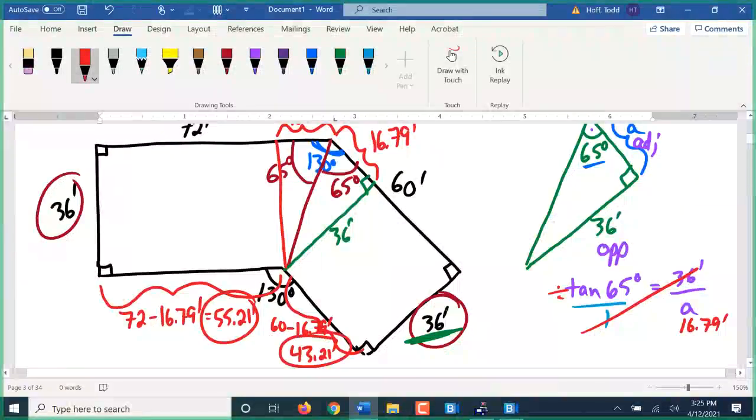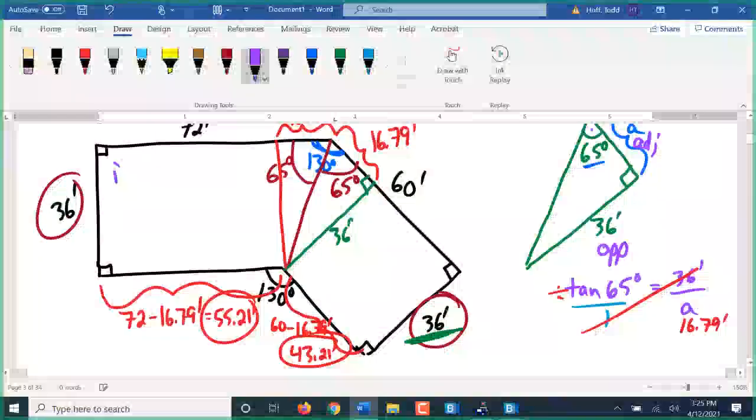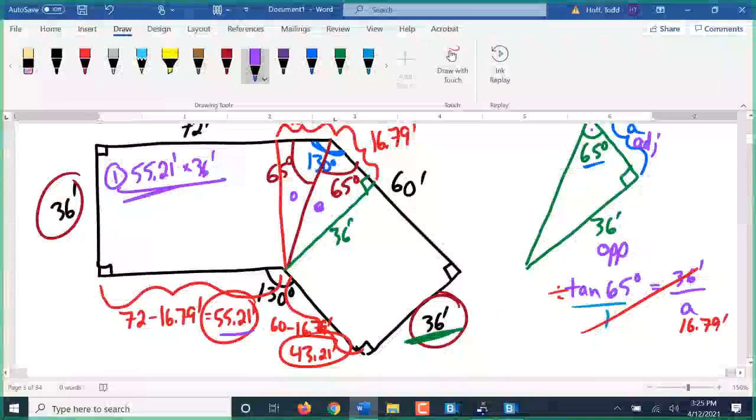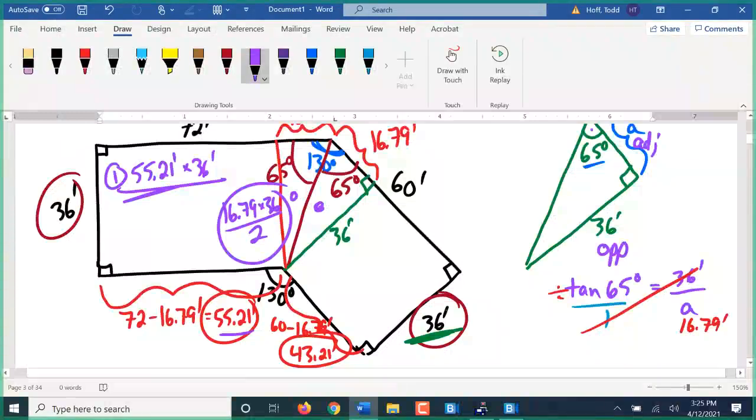Now we can find the area of this real easy. I'm not even going to actually do it. We have this shape here, which is a rectangle, 55.21 feet by 36 feet. We have these two shapes here that are both triangles, 16.79 feet by 36 feet divided by 2. Of course, there's 2 of them, they're both the same.